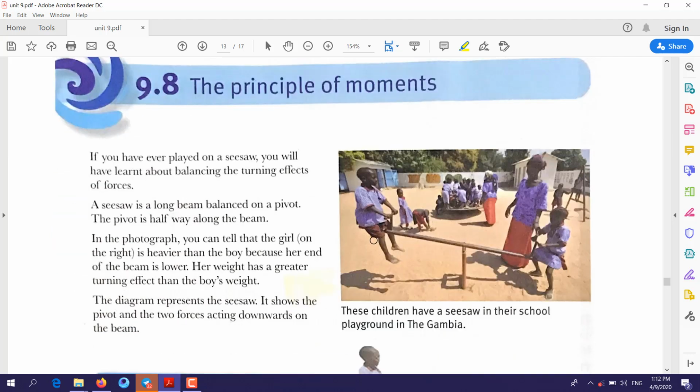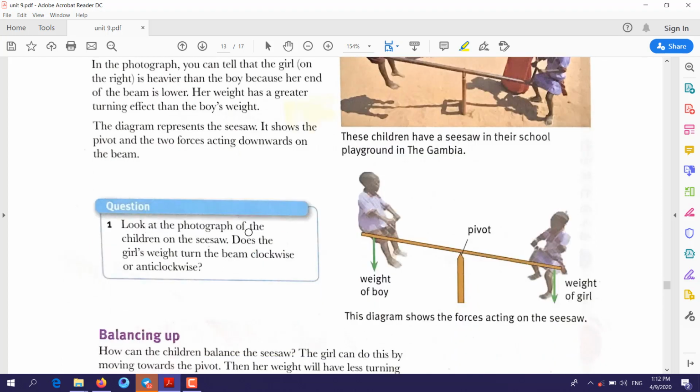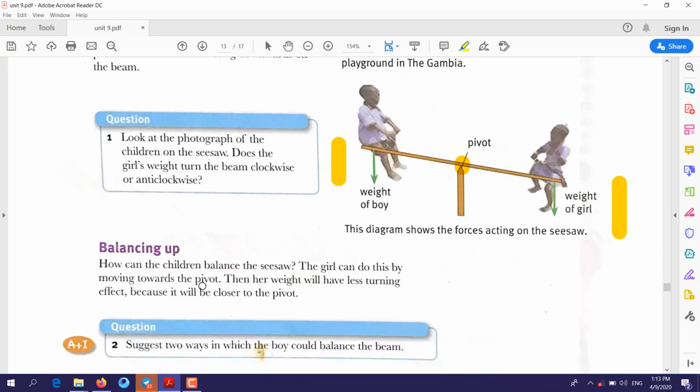9.8, the principle of moments. The principle of moments depends on the turning effect. Here we have a seesaw. At the center of it we have a point we call the pivot, and here we have two forces acting on it. They make the seesaw turn in either this direction or this direction.